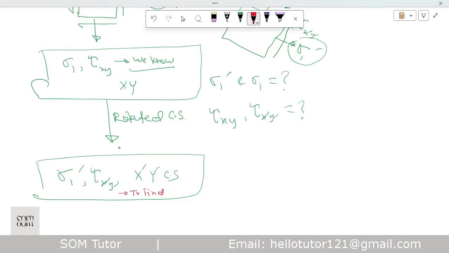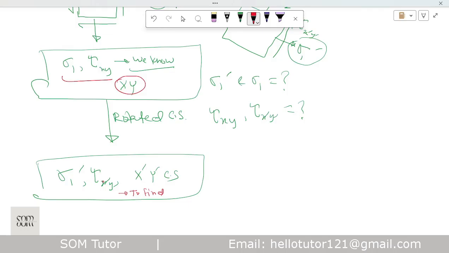These are the problems that we often see. We know the stress conditions in one coordinate system and then we rotate it, and we have to find the new stress conditions with respect to the rotated coordinate system.